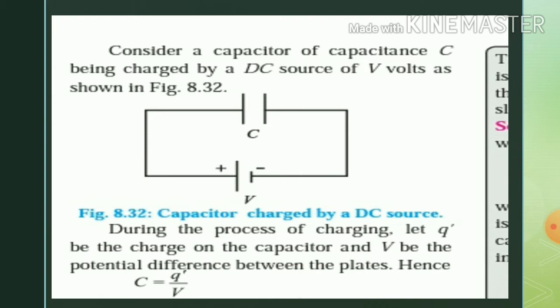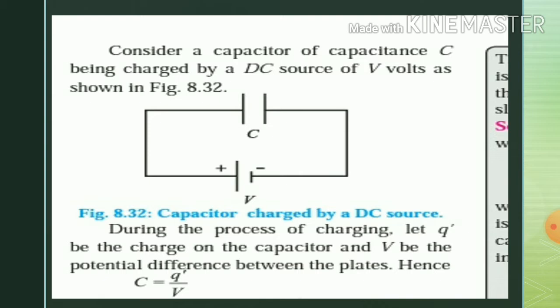Let us consider the following diagram. In this diagram, capacitor C is connected in the circuit with a source of potential, battery or power supply.